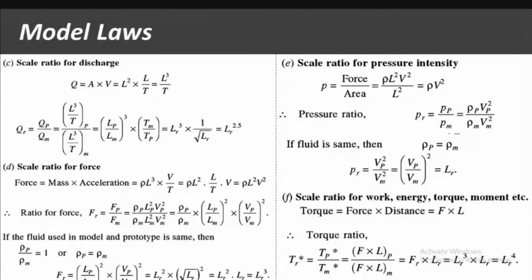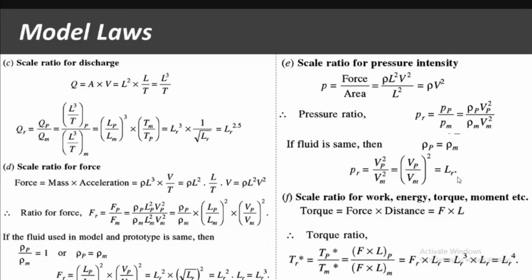Okay. So answer will be LR cube, force ratio. Okay. Or the scale ratio for pressure intensity is given by, there will be 4 options: PR equals to LR, PR equals to LR square, PR equals to LR cube, PR equals to LR to the power 4.